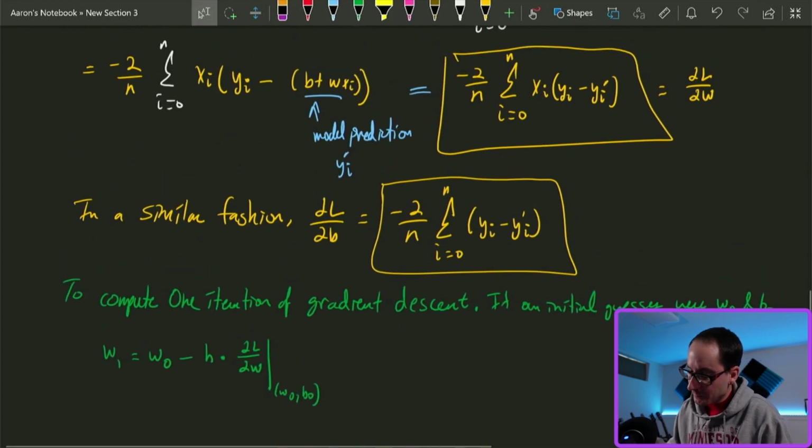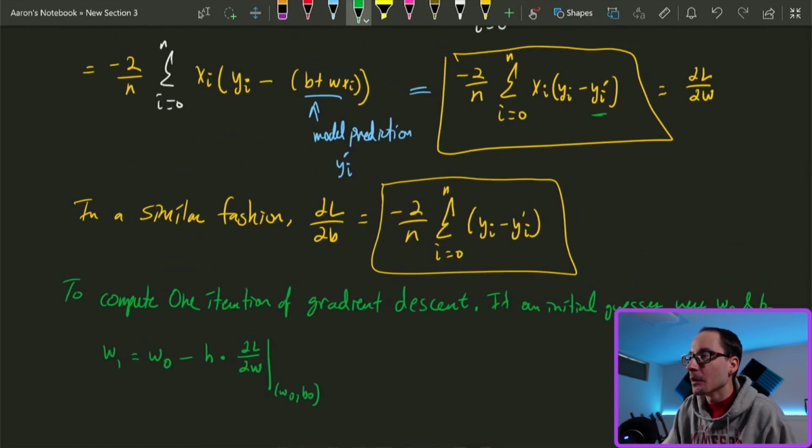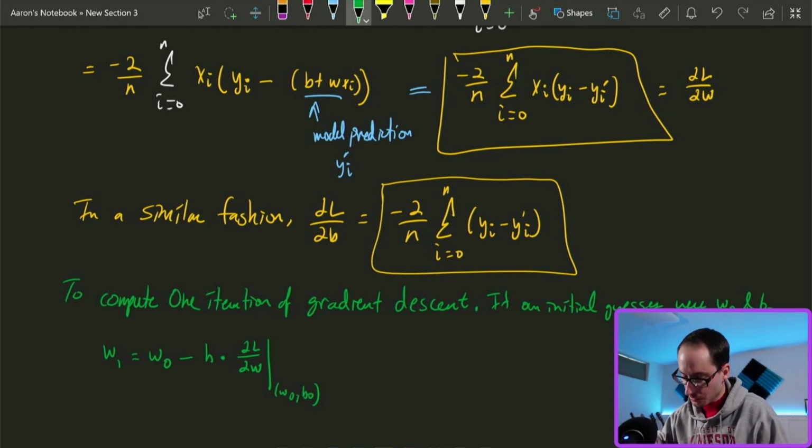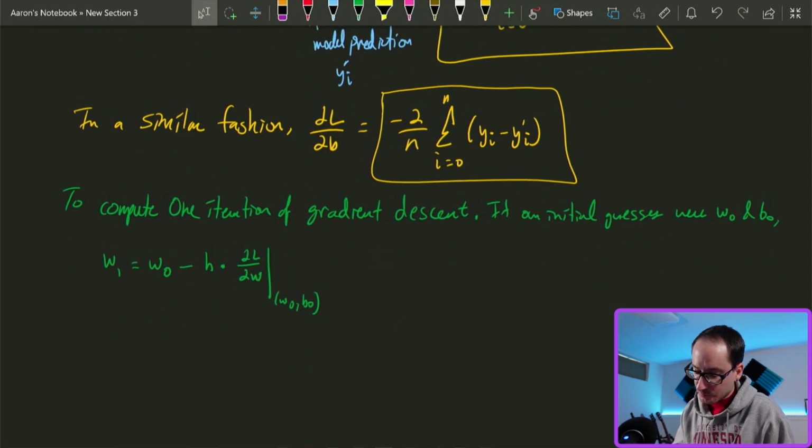You have to use those initial values because you have to calculate a predicted value right here in that loss function. So what do you use to predict? You use W0 and B0 to do your model predictions, and we calculate that. And so then this would be our new value for some arbitrary step size h.